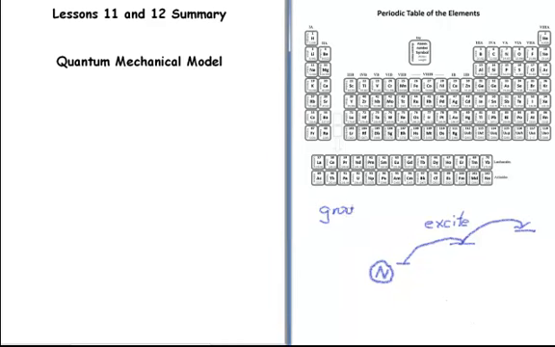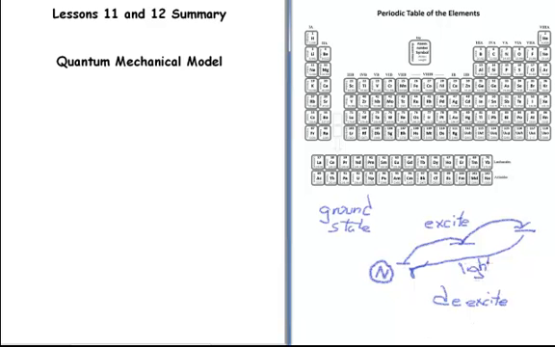The ground state is their lowest possible energy. All matter actually prefers to be in its ground state. So as soon as possible, the electrons de-excite, which is of course the opposite of excite, and they jump back down as close to the nucleus as they can. When they de-excite, they release that energy in the form of light.